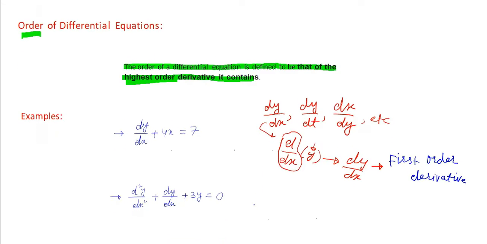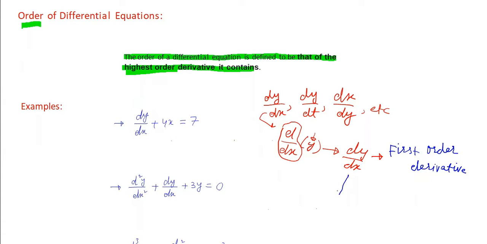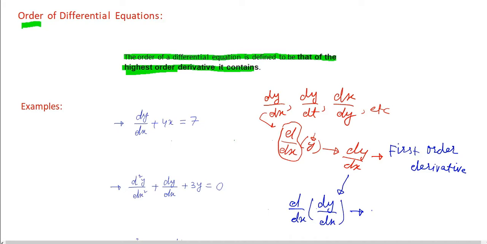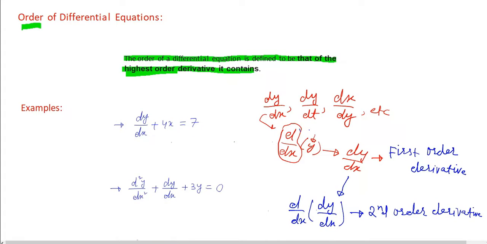Similarly, we can differentiate this term again, a second time. What we get is d by dx of dy by dx. Now this is known as second order derivative. Why is it called second order derivative? Because here we applied this one time, so that is the first order derivative.